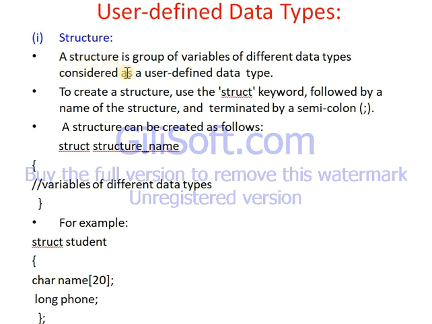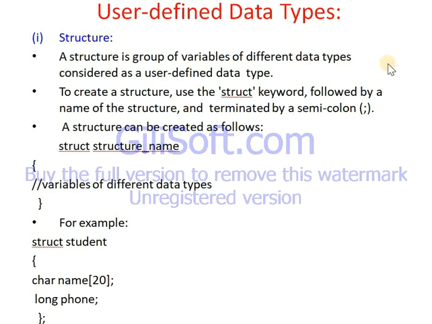A structure is a group of variables of different data types, considered as a user defined data type. Structure is a group of variables, but those variables can have different data types.